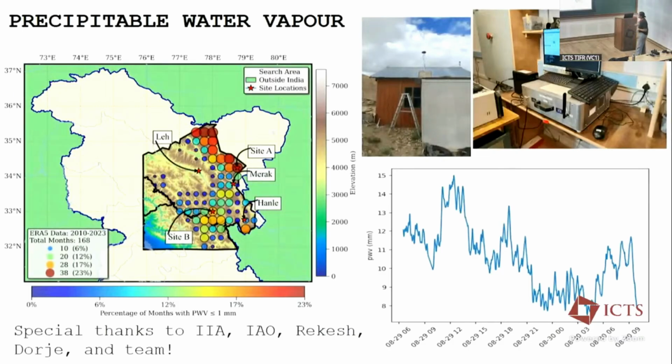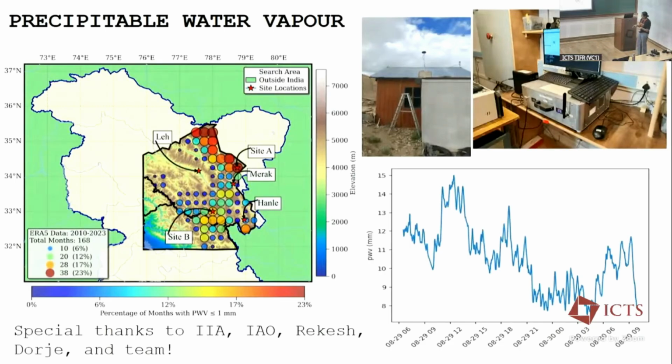We've done some simulations about where we think the site quality will be good in terms of low water vapor. And last summer, we deployed a small setup that can measure this water vapor content at the Hanle Observatory. The hope is that once we have this experience, we can also scale this up and take it to more remote locations to find the ideal site.